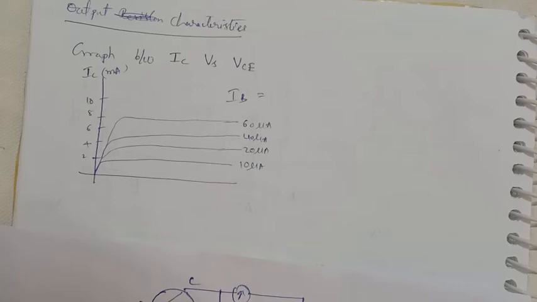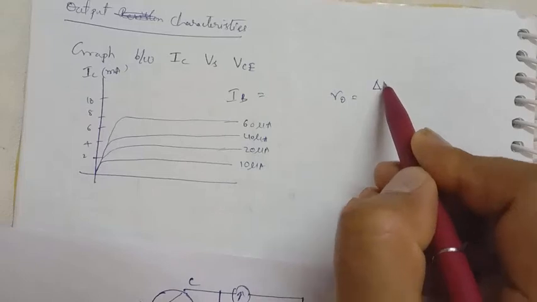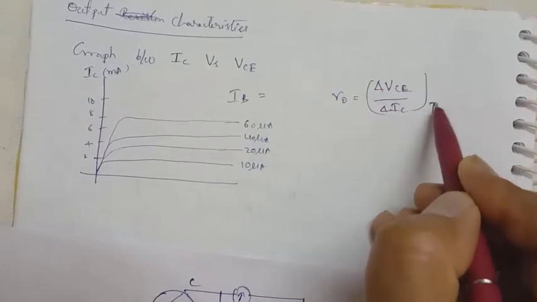Similarly, output resistance, R naught, is delta VCE upon delta IC at constant IB.